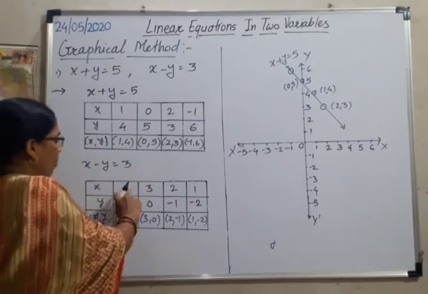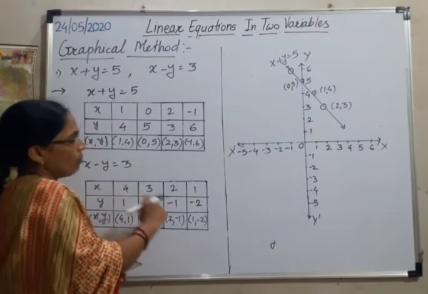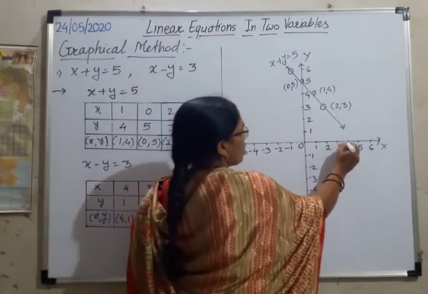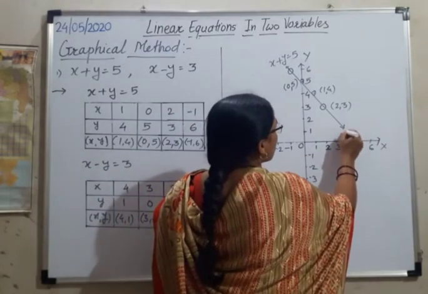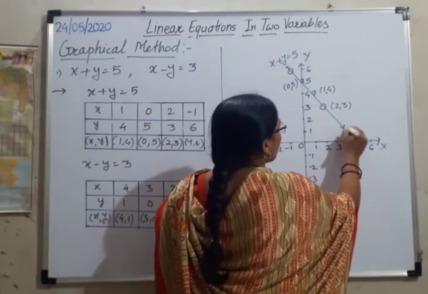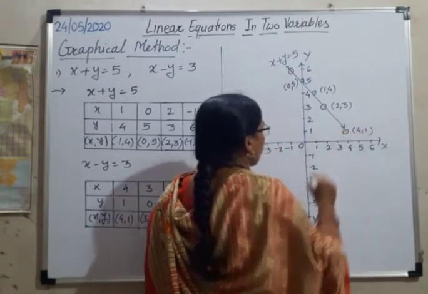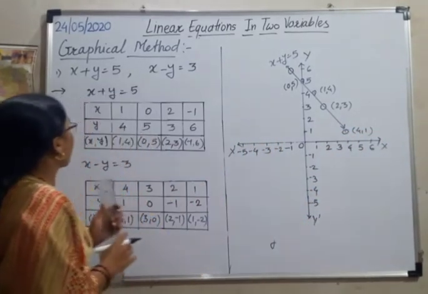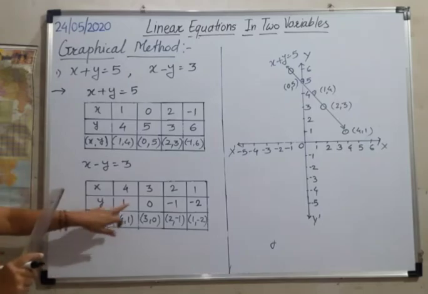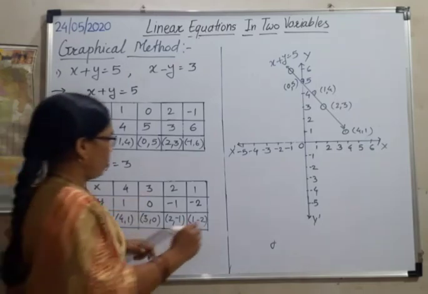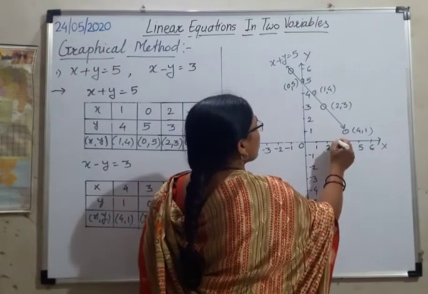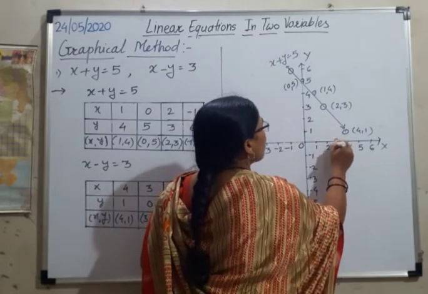On the same graph paper, the first point is 4, 1: x coordinate is 4 and y coordinate is 1, so here it will come. The second one is 3, 0: x coordinate is 3, so it will come here.